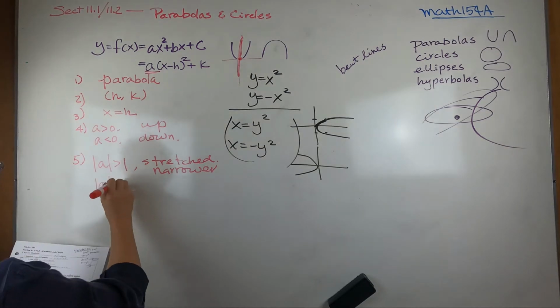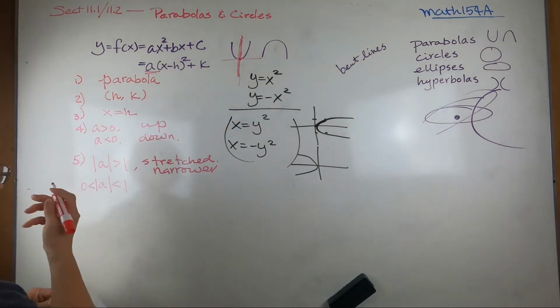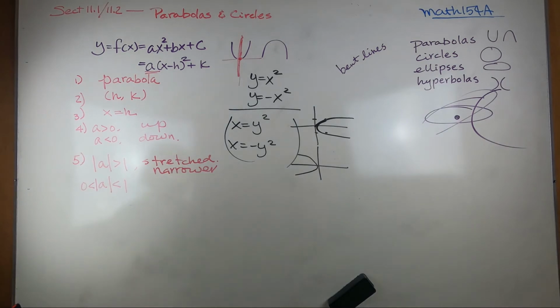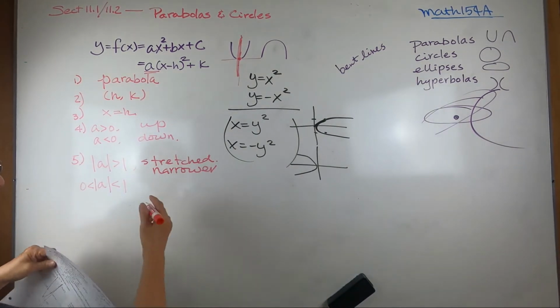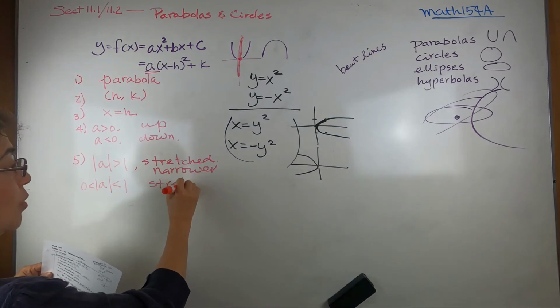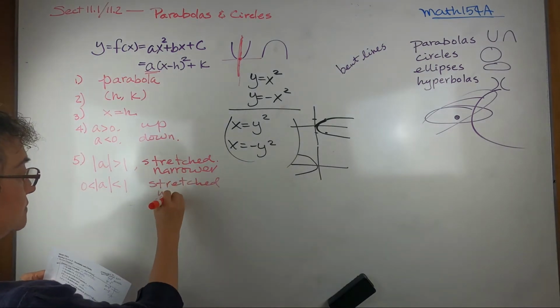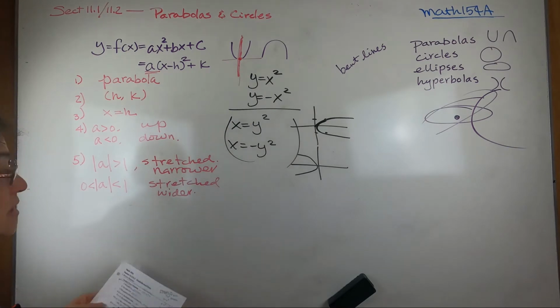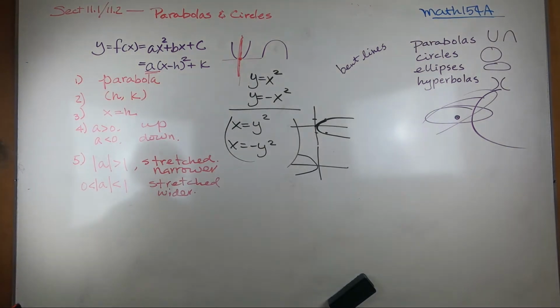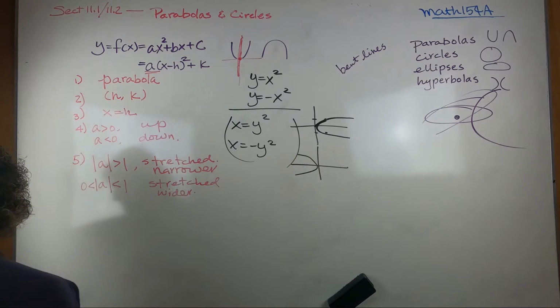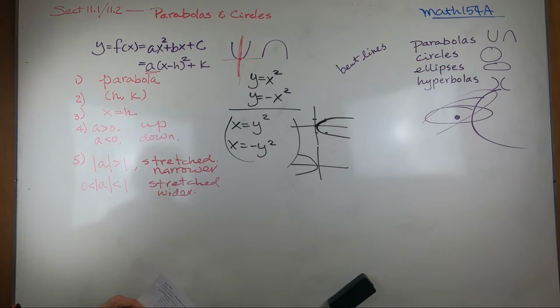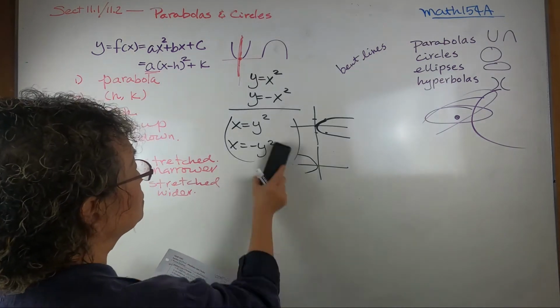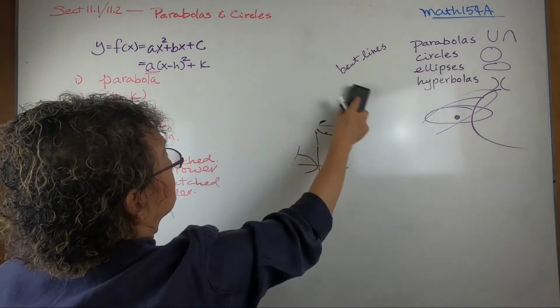If a is less than 1 and bigger than 0, like a half or a third, then y grows gradually, so it's stretched wider. Did we do that? So let's review more parabolas, then we go to circles and other things.